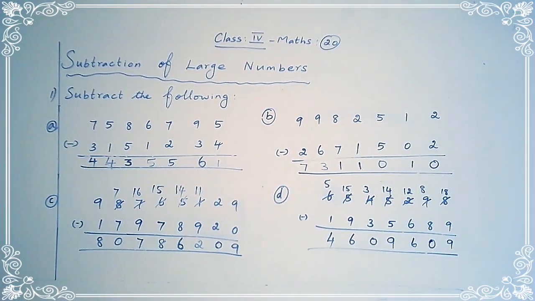Next thousands place below you write thousands place numbers, and ten thousands below you write ten thousands place numbers, etc. Okay children, write neatly.